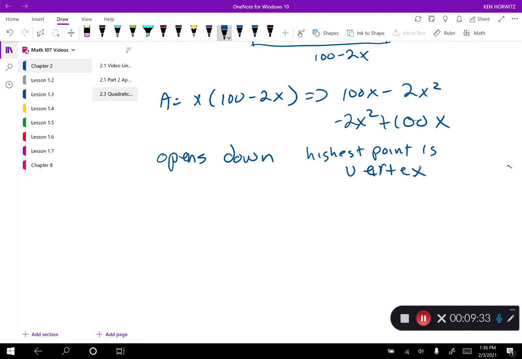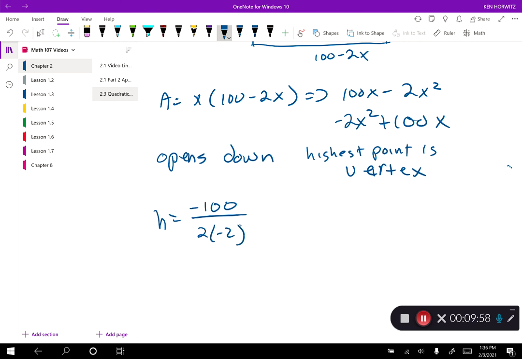All right, so if we want to maximize our area, we certainly need the biggest number x could be. So in order to get the x value of our vertex, I have to do negative b over 2a, so negative 100 over 2 times negative 2.